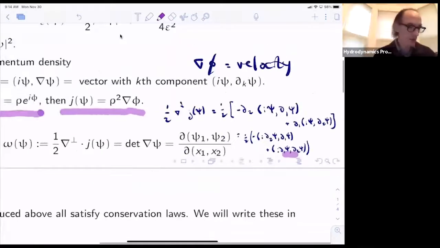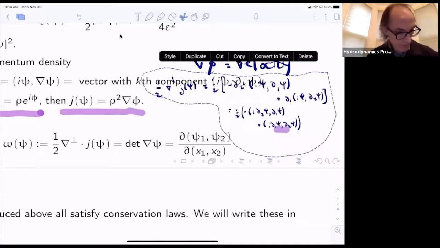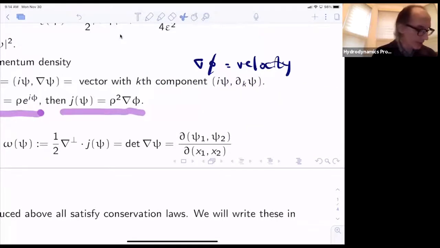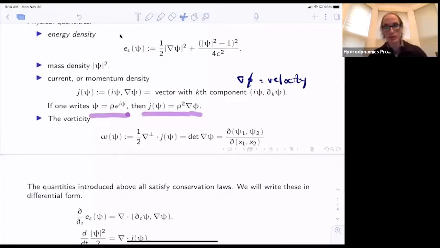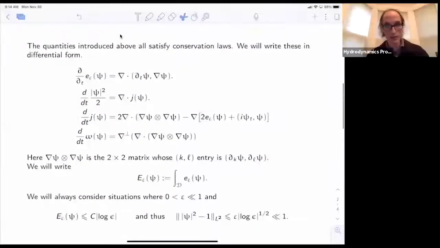Okay, and so we proved earlier, we stated and proved some conservation laws. I think I stated the first two, which are easy, and I proved the third one, and then the fourth one follows immediately from the third one.